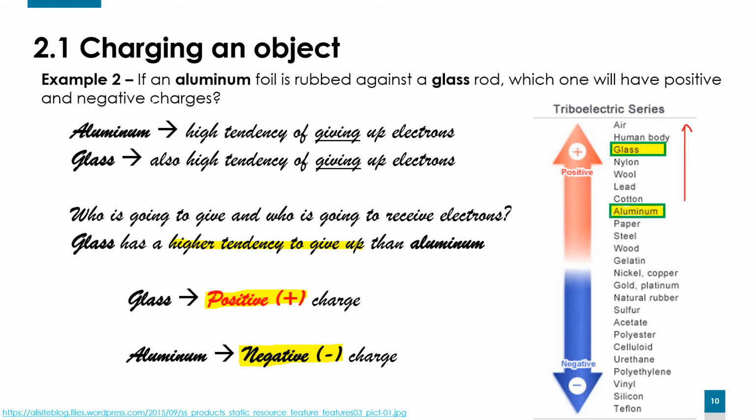For the materials that are above, aluminum will be negative, will receive electrons. But for all those below, it's going to give away its electrons. And this works for any material on this list, okay? So when doing exercises, you need to check this series. You don't need to memorize it, it's going to be available for you, but you need to understand how to use it, okay? Is that fine? Okay, let's move on.